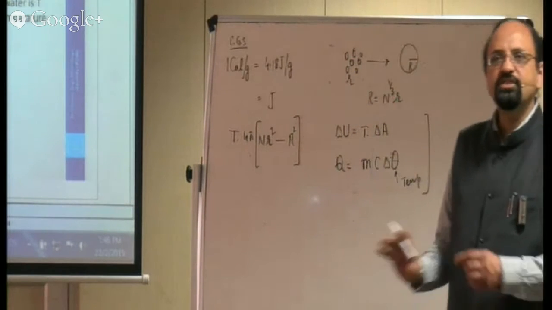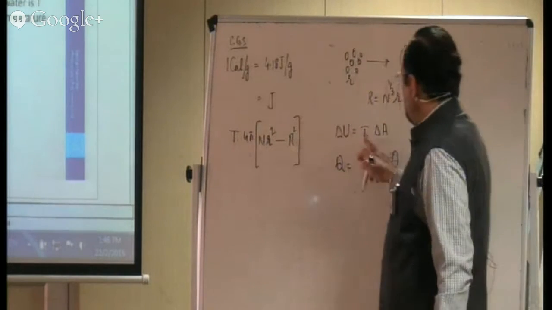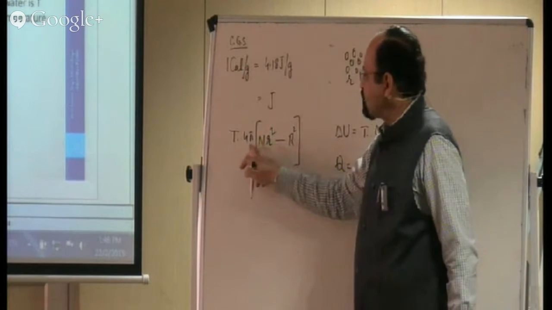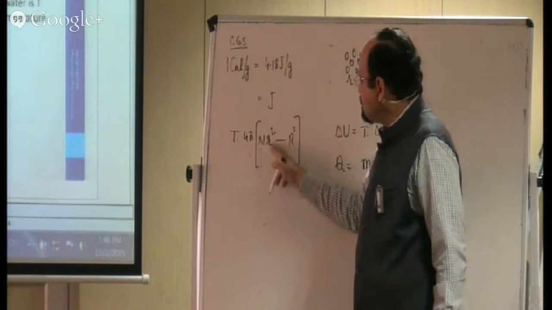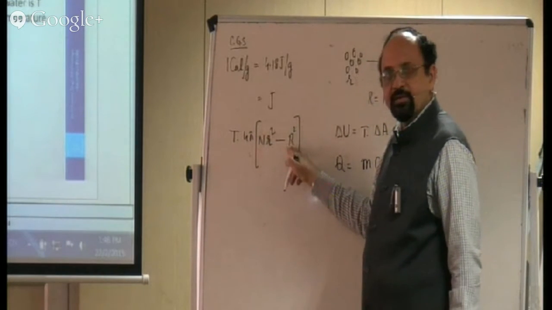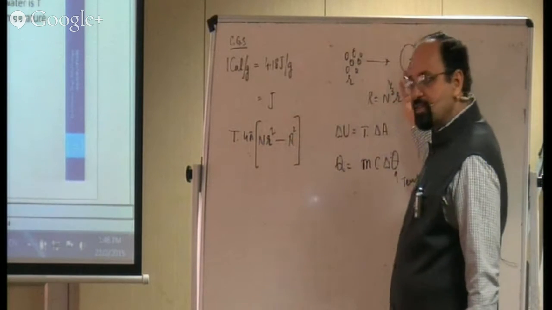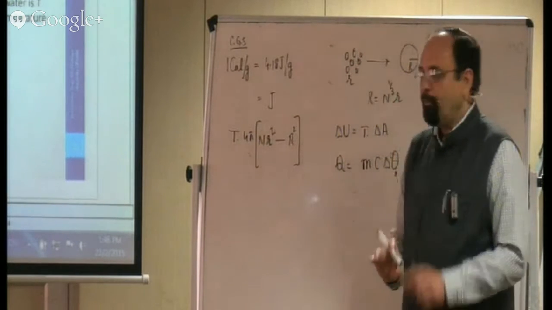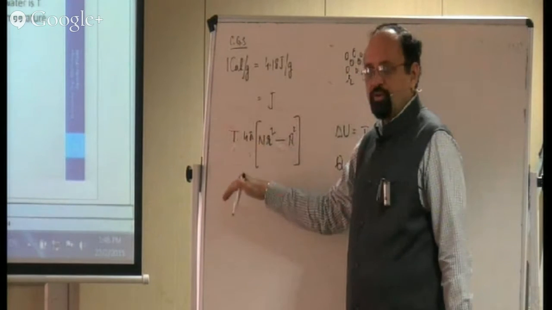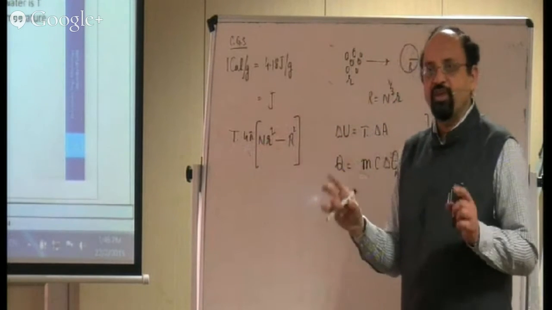I hope this statement is clear to you. T is the surface tension. Change of area, 4 pi is a common factor, I have taken it outside. N, but why have I taken this minus this? Because area here is more and area here is less, so I want to keep this difference positive. Please remember, if you write an equation, you must ensure that if both the quantities on both sides are positive, very good.